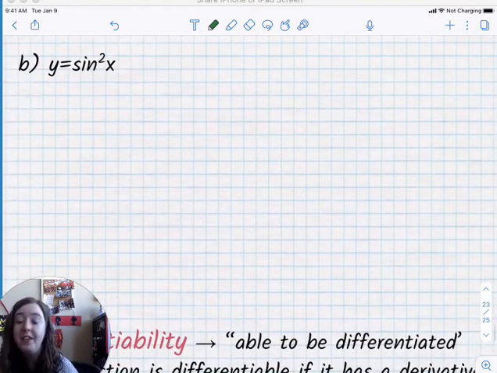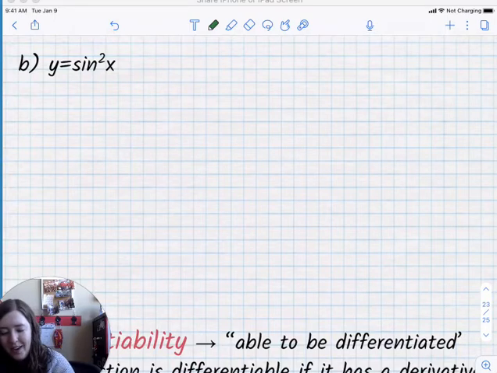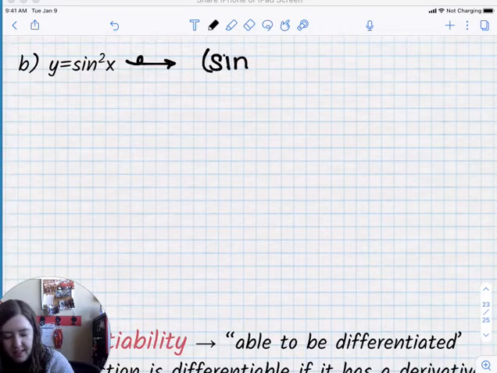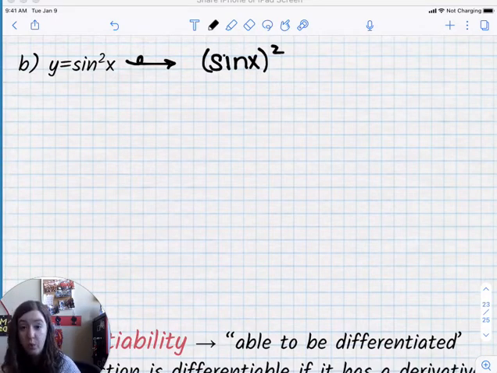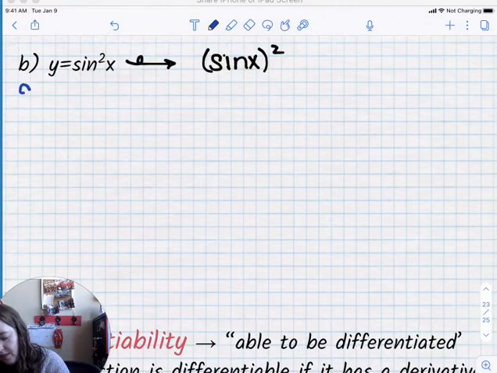Now we want to find the first, second, and third derivatives of sine squared x. So remember, if it's helpful, this is the same thing as sine of x squared. So we're going to have to use the chain rule since we have a function inside of a function. So we'll find our first derivative, dy dx.